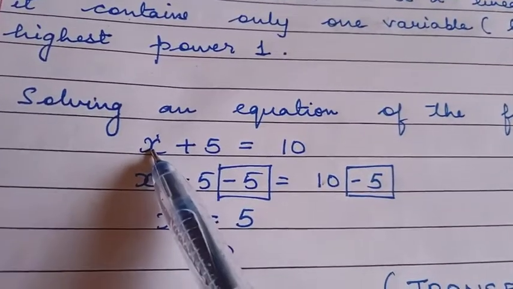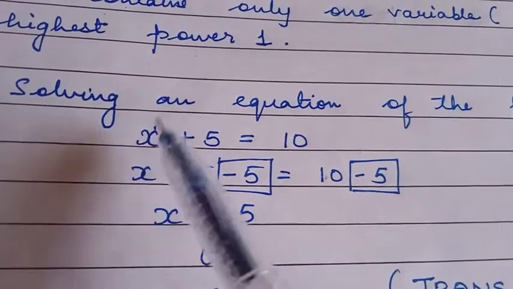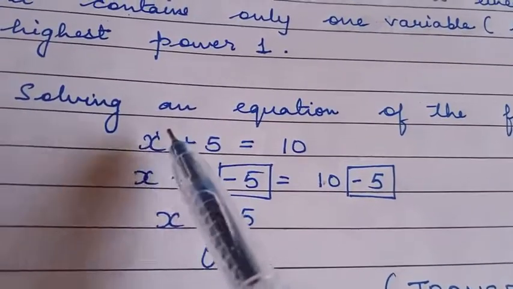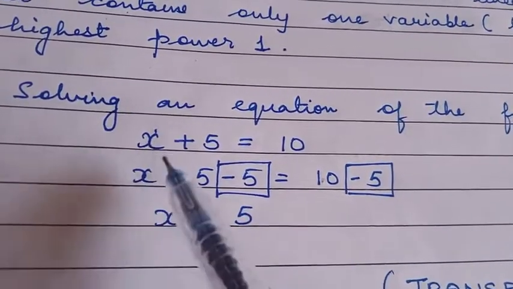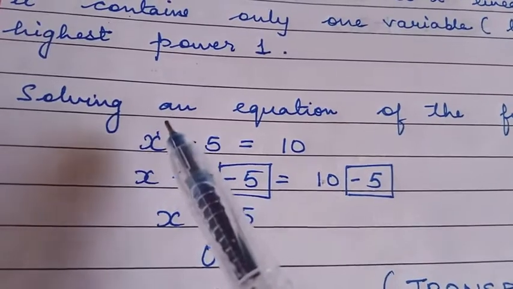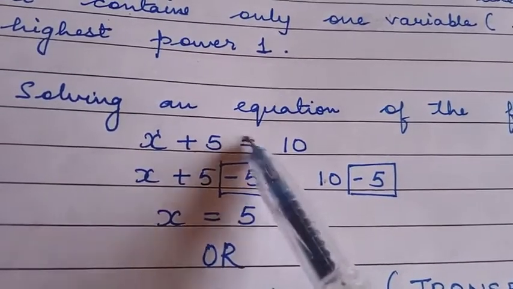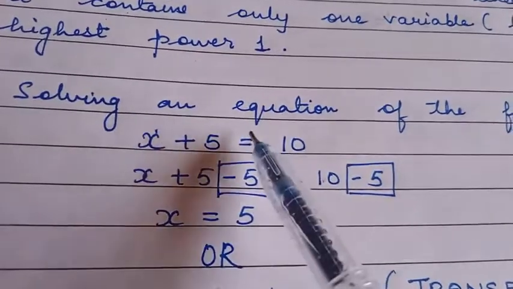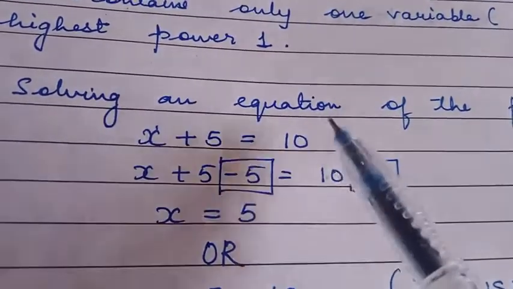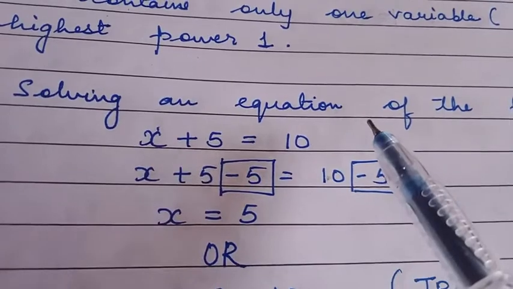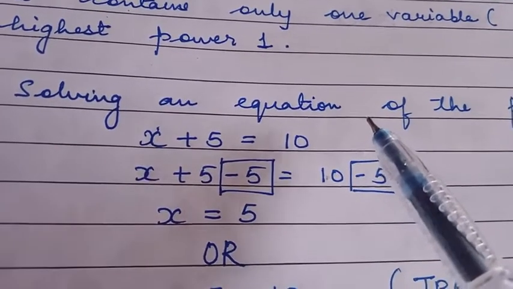Now how will I get value of x? First thing you have to do is you have to keep only x at LHS. Now you will say how to keep x at LHS. LHS means is equal to sign's left side is called LHS and is equal to sign's right side is called right hand side. RHS means right hand side.